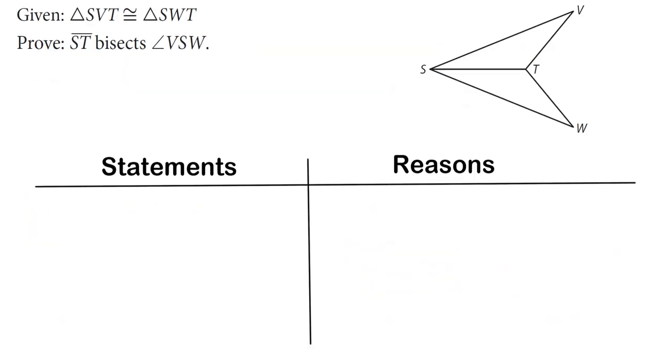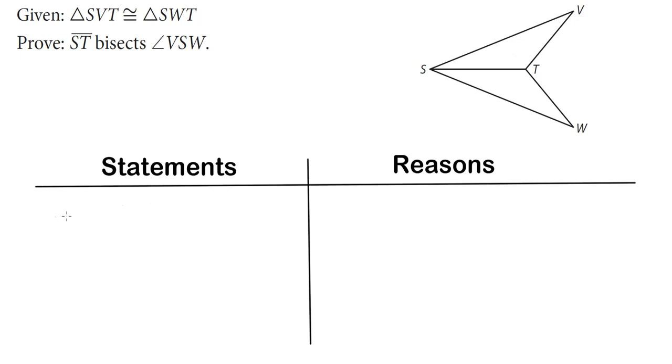All right, so one last example here. It says, given triangle SVT is congruent to triangle SWT, prove that line segment ST bisects angle VSW. So I see here that here is my triangle SVT right here, and here's my triangle SWT, and here's angle VSW, and here's line segment ST. And so we want to prove that this line segment here, ST, bisects VSW perfectly in half.